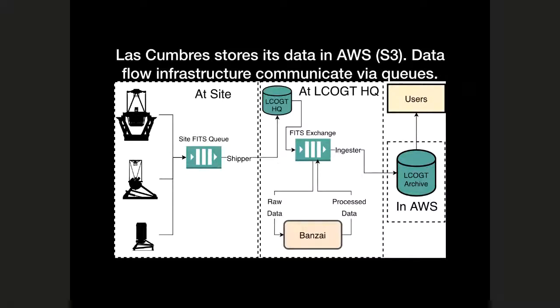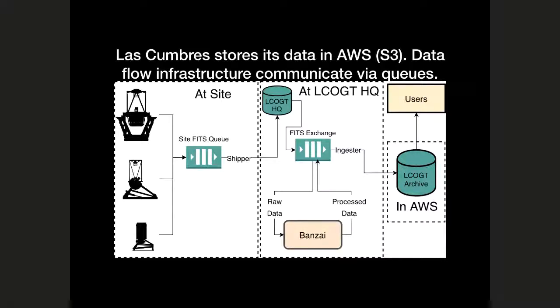And then we have something at each site called the shipper, which says, oh, I have a new file, I better ship that to LCO headquarters. It's then written to a hard disk at LCO. And then once it gets to LCO, we put it on a second queue, and anything else that needs to can listen to that.